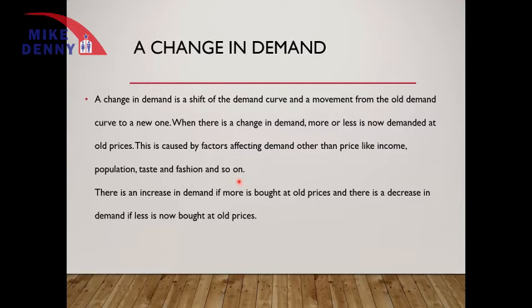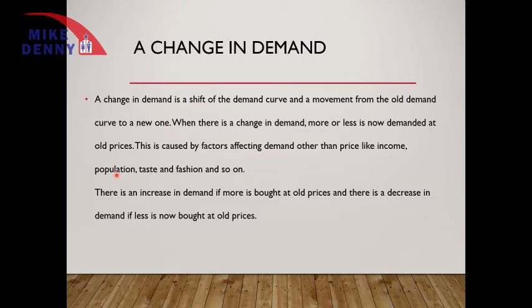So if people's income were to increase when the price of a good has not increased, the quantity demanded of that good will increase because many people have much money to spend on the good. If the population increases, the demand for goods will increase, not because price has changed.